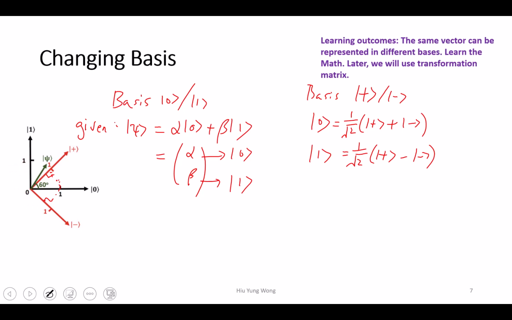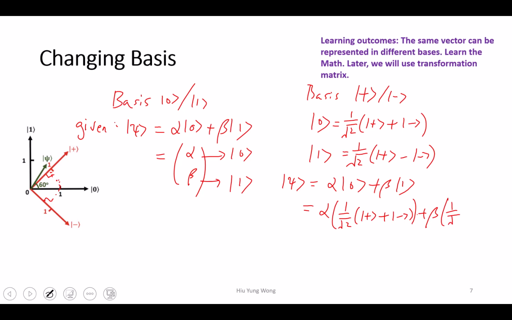But anyway, it means I can represent psi this way: alpha 0 plus beta 1. Now I substitute, because 0 is 1 over square root 2 times plus plus minus, and 1 is 1 over square root 2 times plus minus minus.